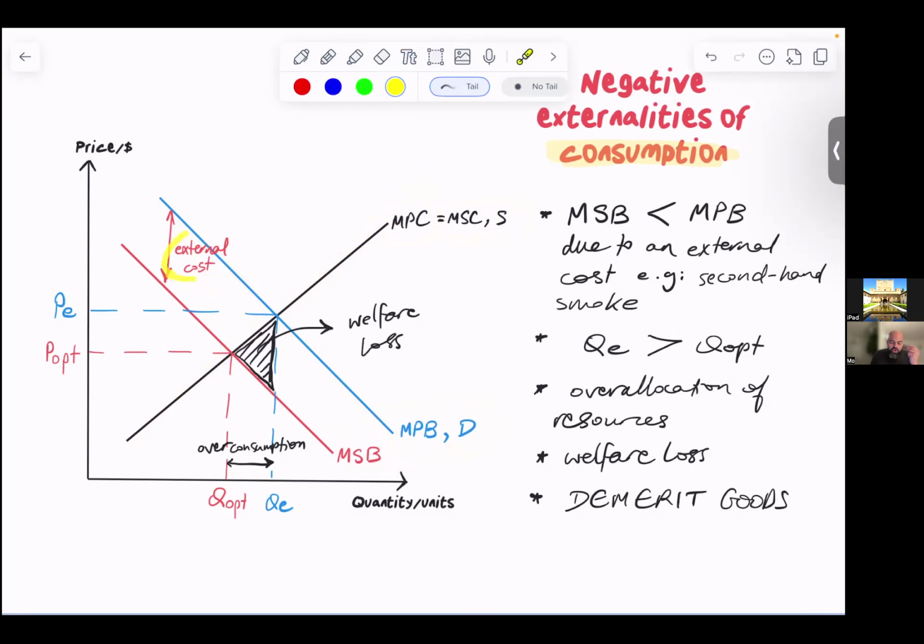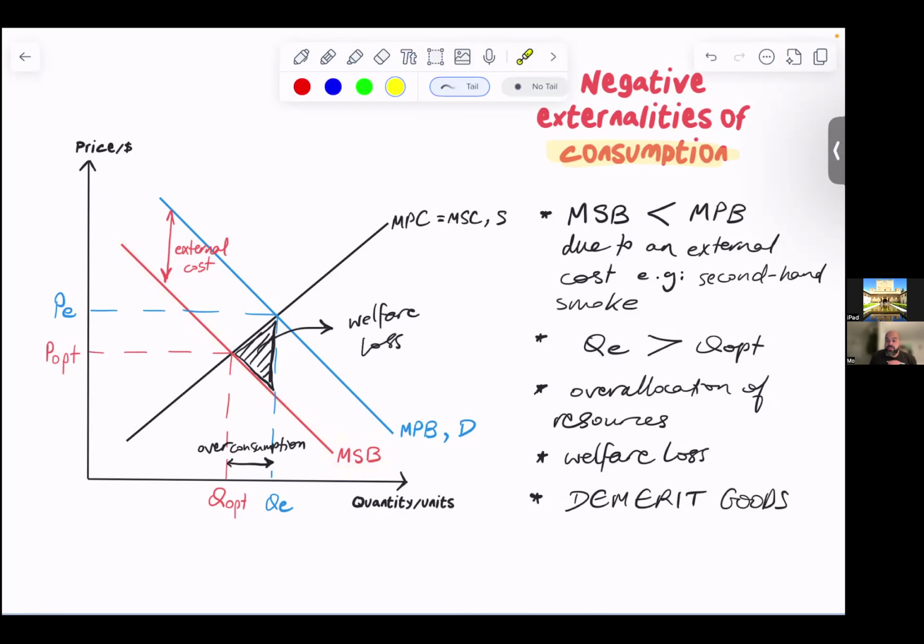However, there's an external cost that is generated by this consumption and is imposed on the rest of society. So the benefit to society is actually lower than the benefit to the individual consumer. The MSB curve, the marginal social benefit curve, is below the MPB. Why?